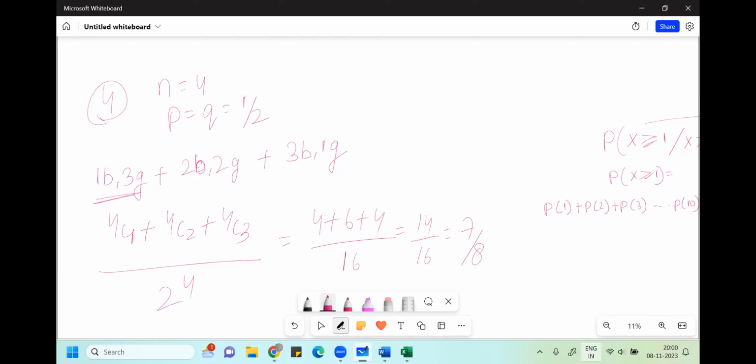They're telling you the total sum of data is 128, and they're asking for the expected frequency. That would be 128 into 7 by 8. If you do it, you'll get 112. Clear?